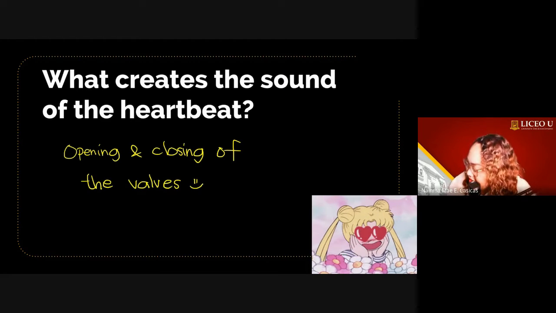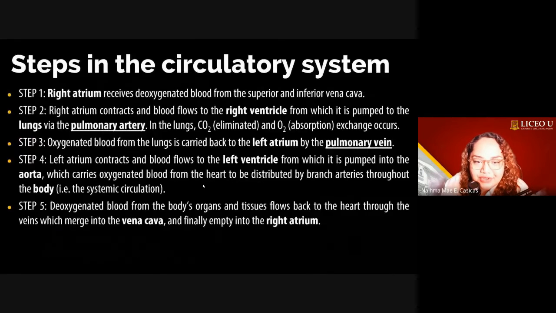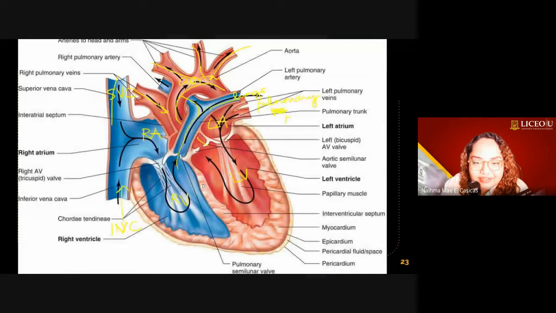Ma'am, where are the valves in the illustration of the heart from earlier? Okay. Go back. I'm using glide color so you can see. Blue isn't clear. Let's use green. Okay, this one right here.